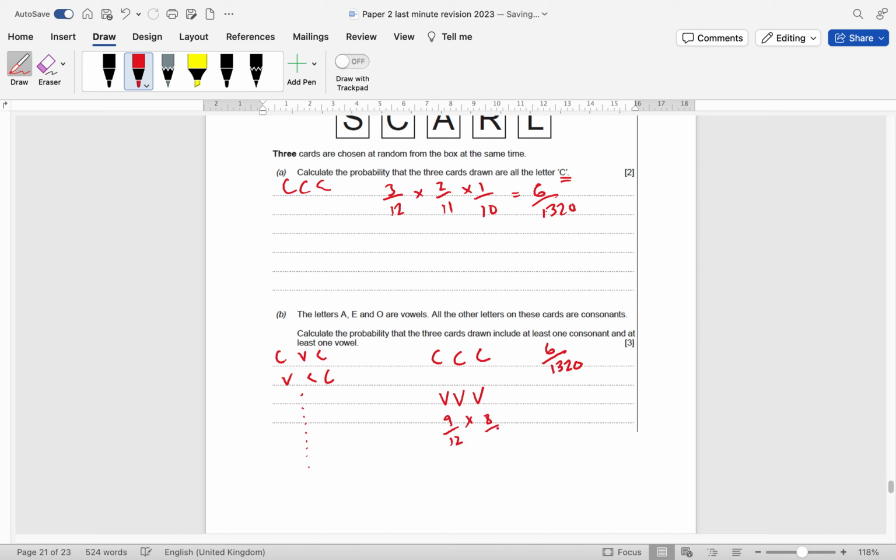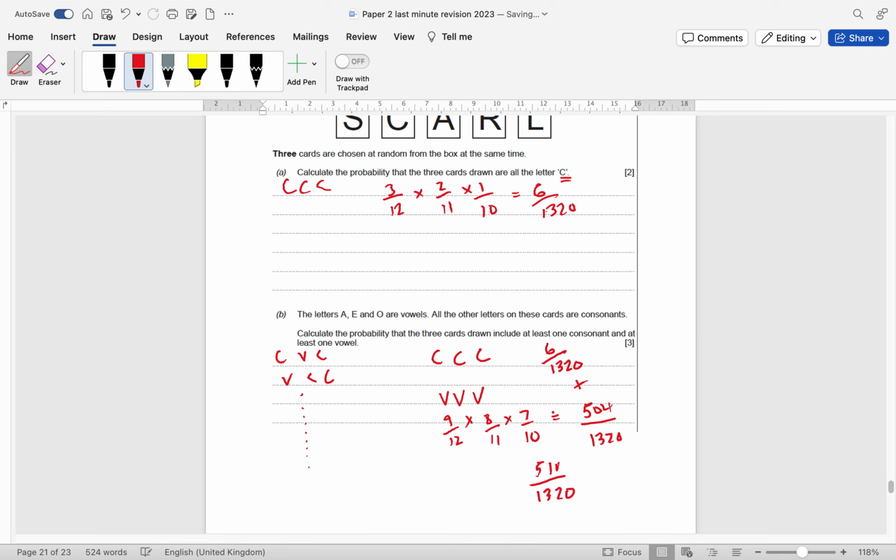Take a vowel, it goes down to 8 out of 11. Take another vowel, it goes down to that. Right? 9 times 8 times 7 is 504, as long as I'm doing my maths right here, over 1,320. So if I add these, I get 510 out of 1,320.